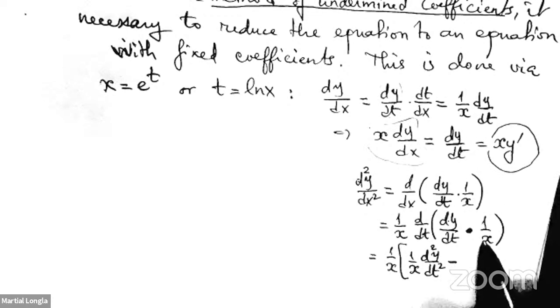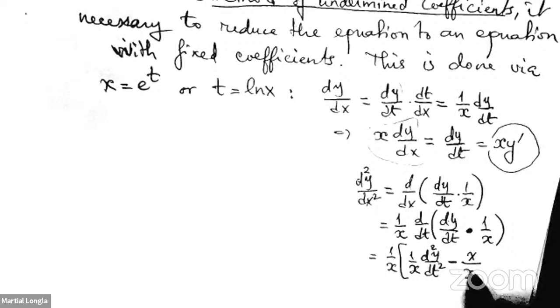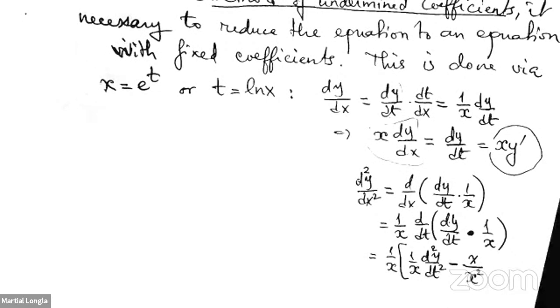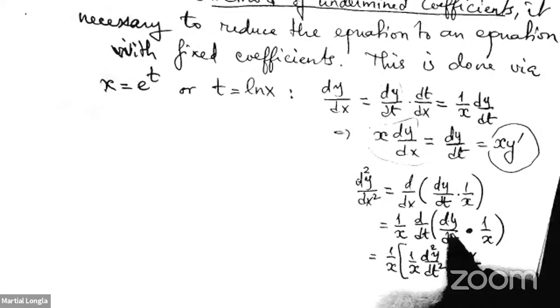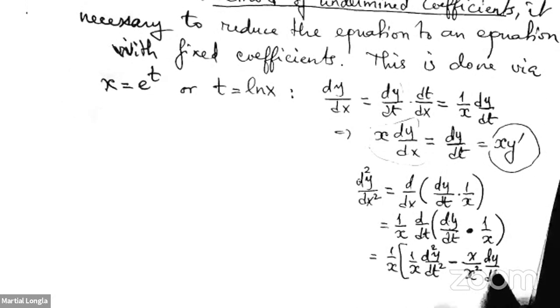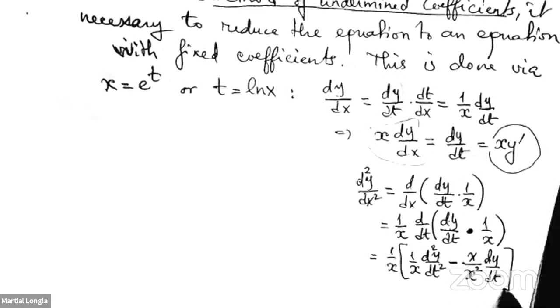So the derivative of x with respect to t is x, divided by x squared, because it's the derivative of 1 over x, and then times the function that was here, which was dy over dt. This is the product rule we are applying.